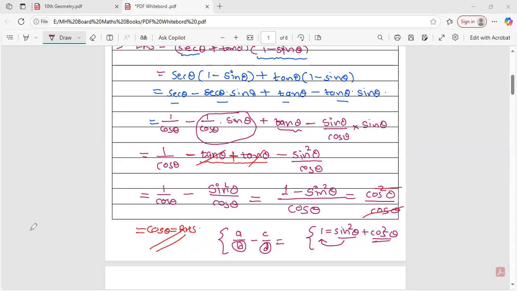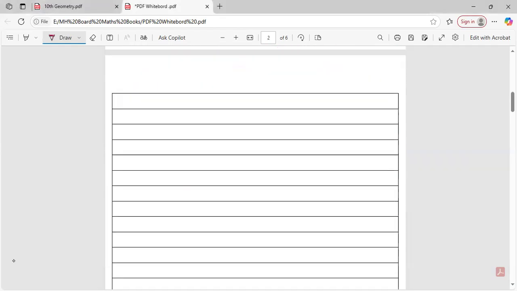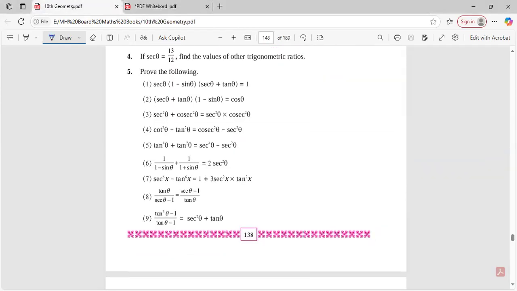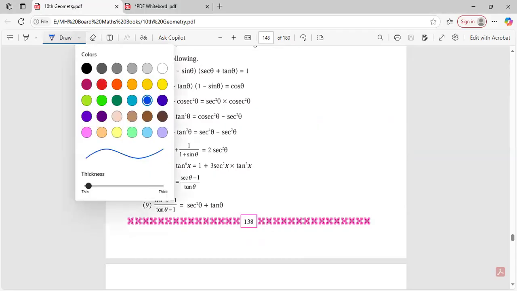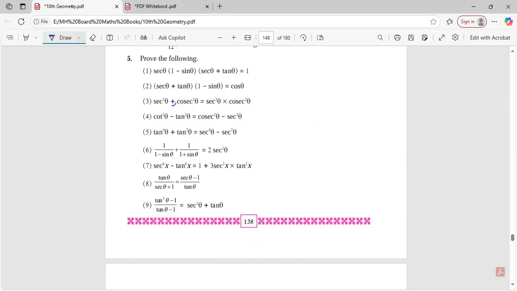Yes. Okay. So let's go towards the next question. Now this one is sec square theta plus cosec square theta is equal to sec square theta into cosec square theta. See, what's the difference between these two, LHS and RHS? The only difference is here there is a plus, and it can be converted into multiplication directly.